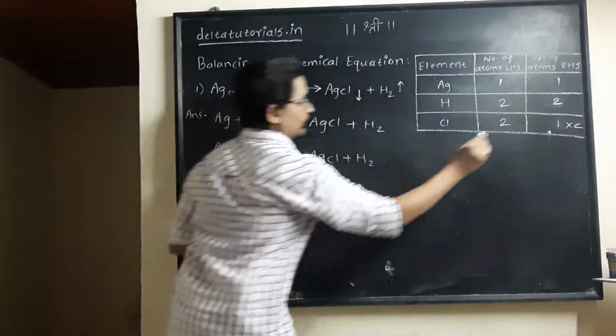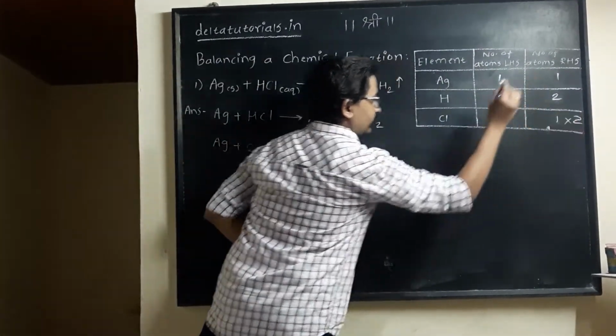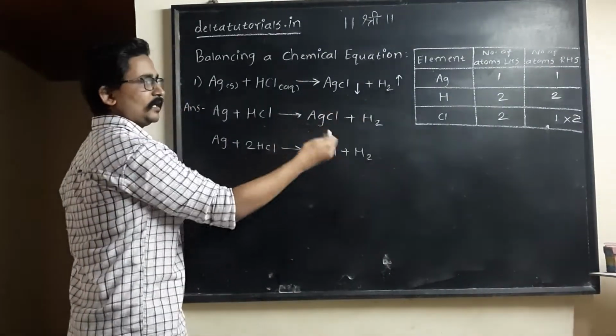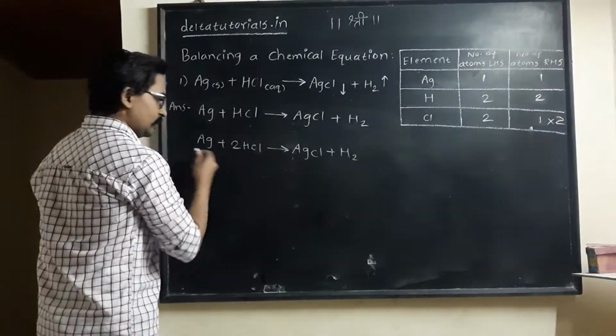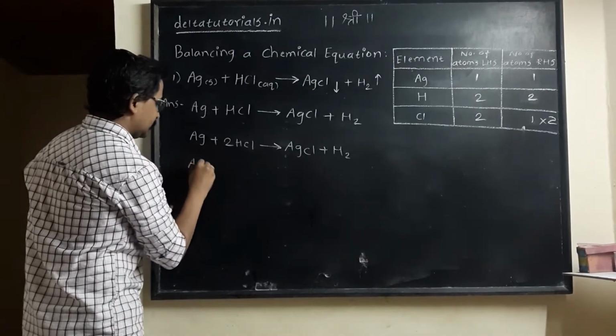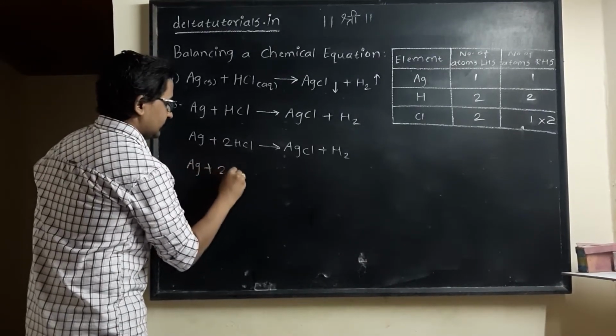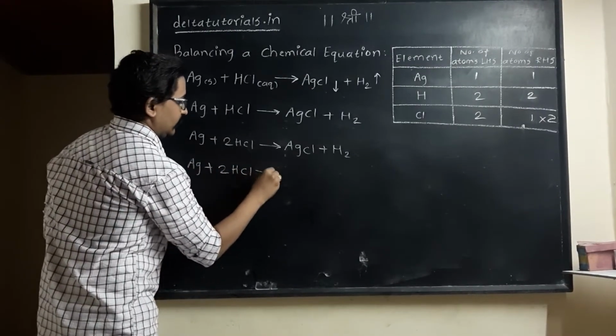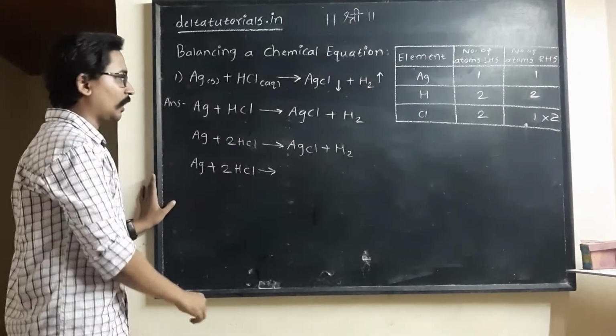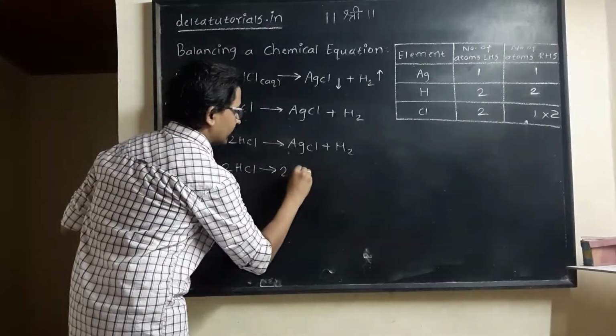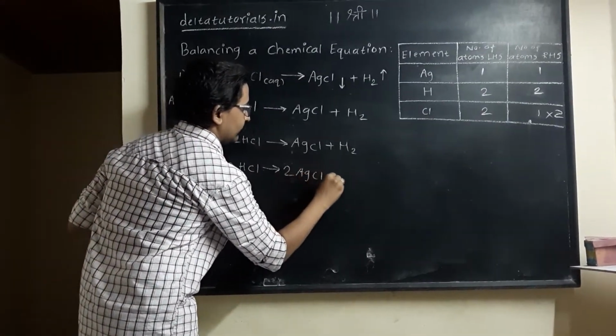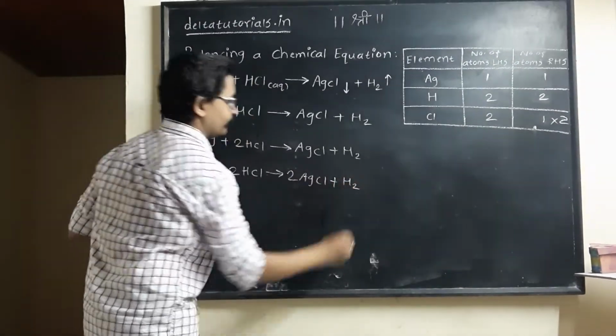So our reaction will be, see we are making changes on the right hand side. So the left hand side will remain as it is, Ag plus 2 HCl. It will give now 2 AgCl plus H2.